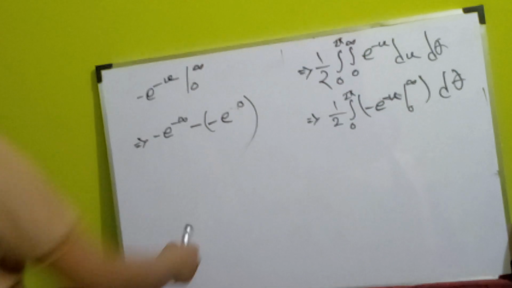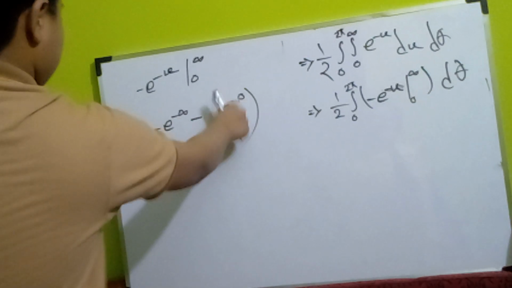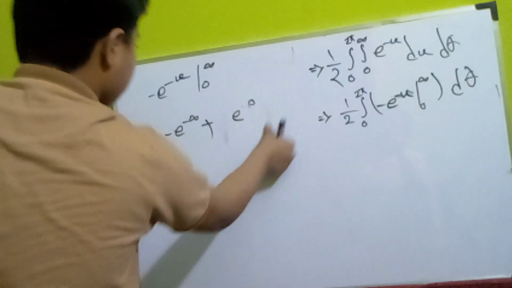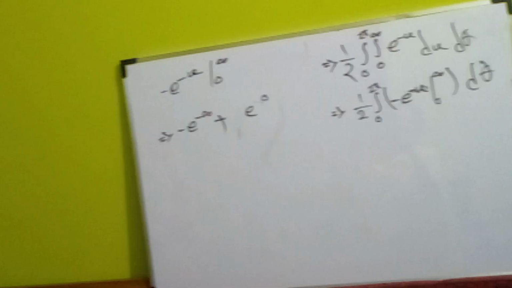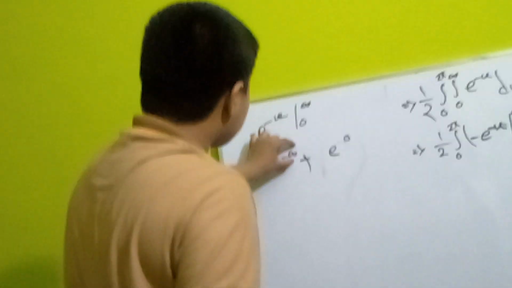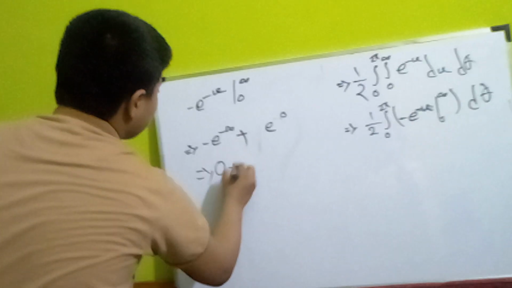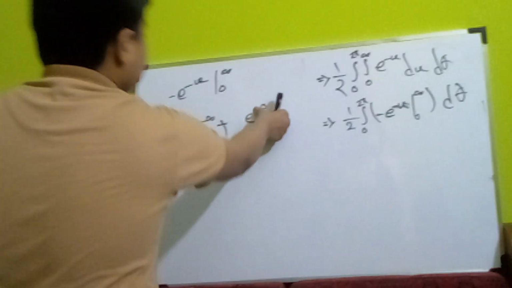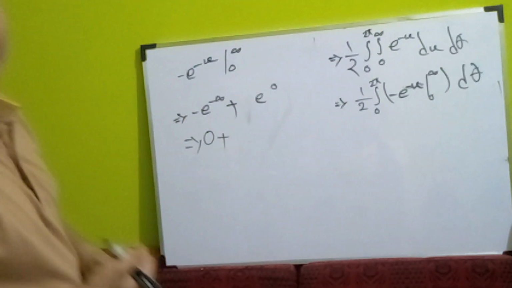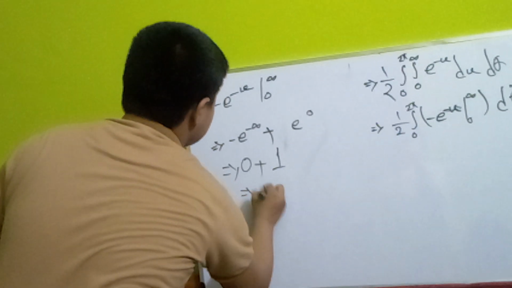Here you can clearly see that the negatives will leave us with a positive sign. And from the limit, we know that something to the power negative infinity will just give us 0, and something to the power 0, as long as it's not 0, gives 1. So we're left with just 1.